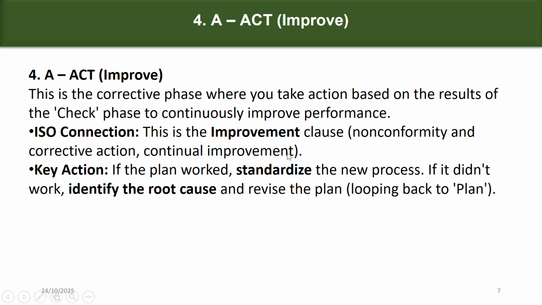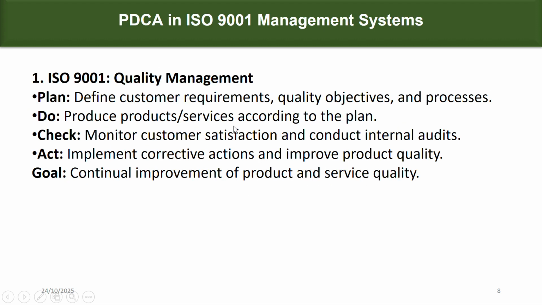This is clause 10. Key action: if the plan worked, standardize the new process. If it didn't work, identify the root cause. Find out why we didn't get our targets and objectives, and revise the plan, looping back to plan. So it will go again to P.